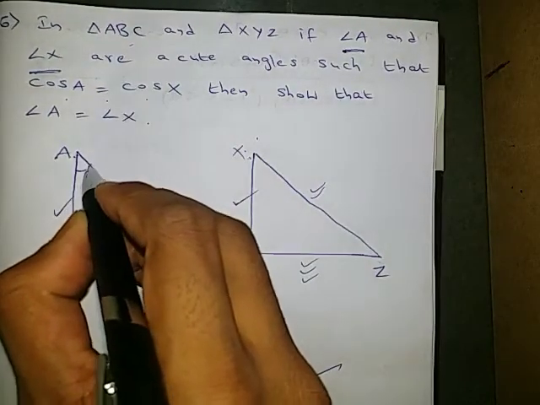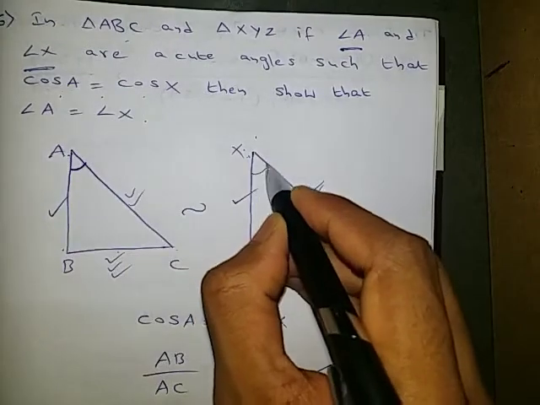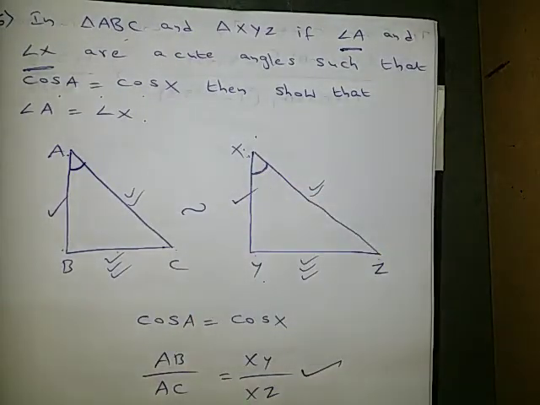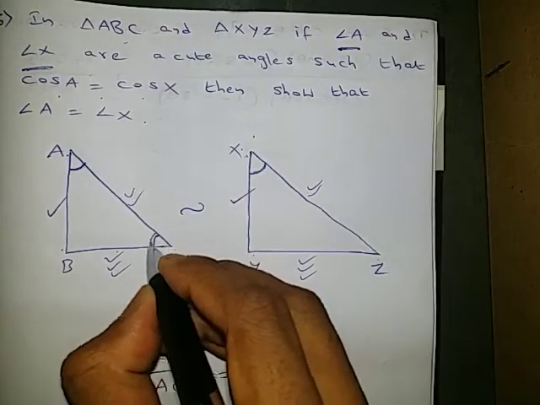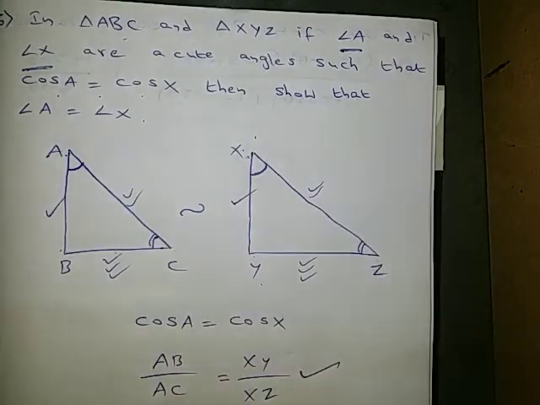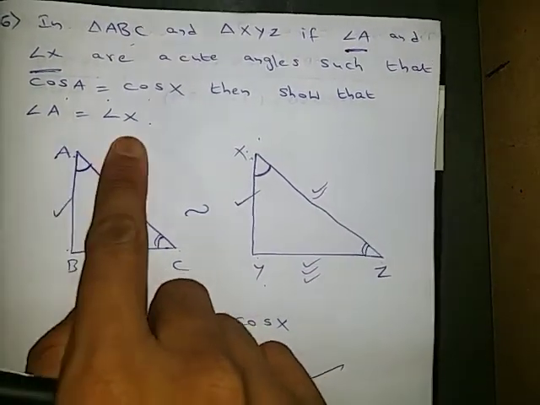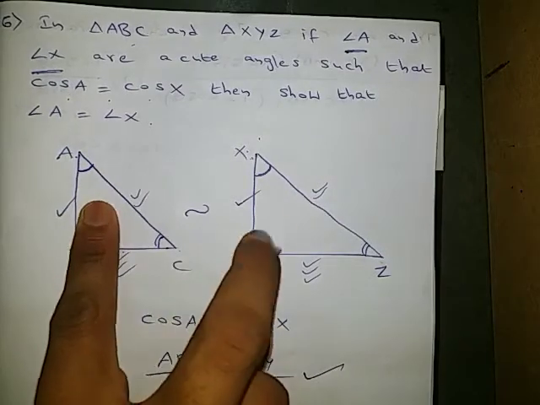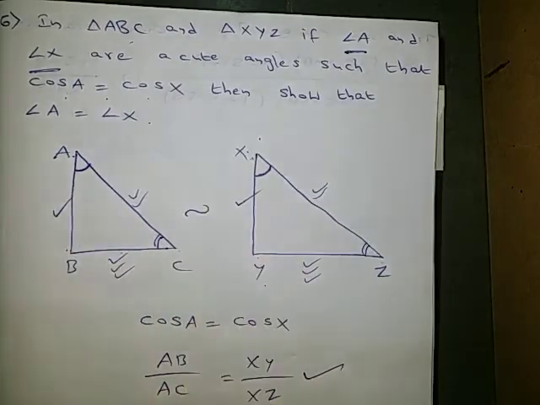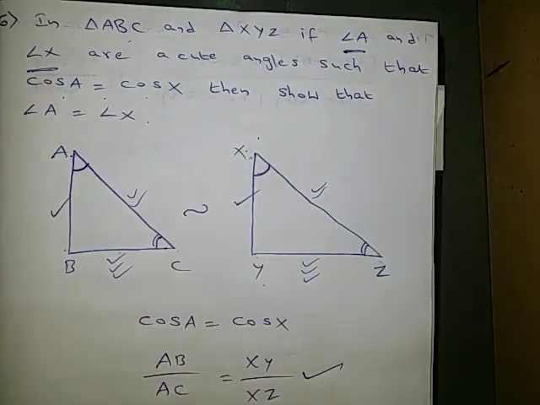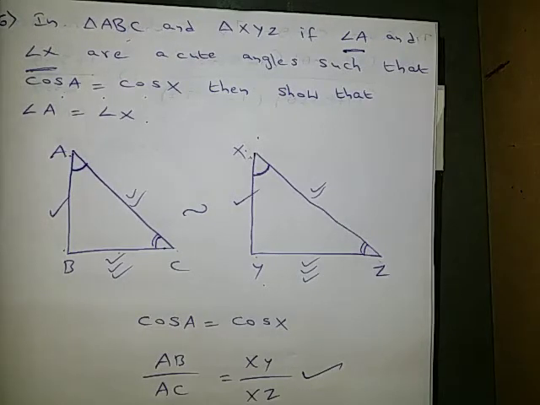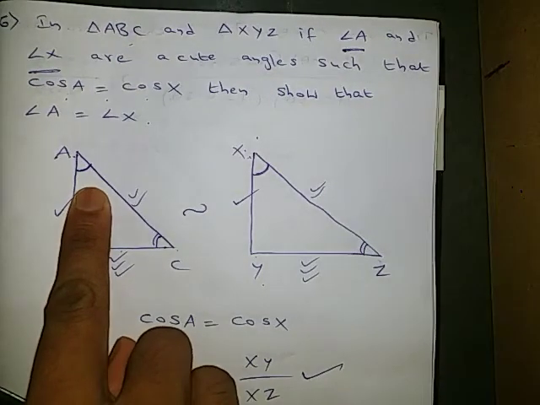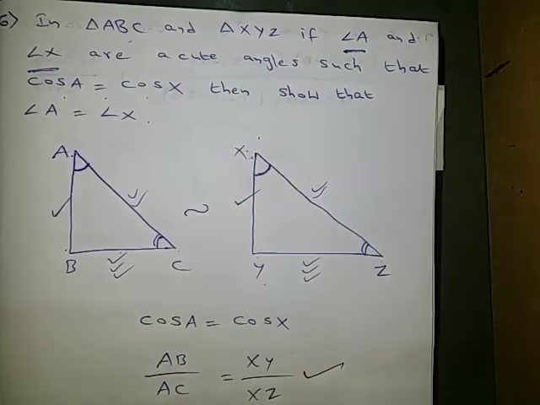It means angle A is equal to angle X, as well as angle C is equal to angle Z. So these two are similar triangles, so corresponding angles are equal to each other. So angle A is equal to angle X.